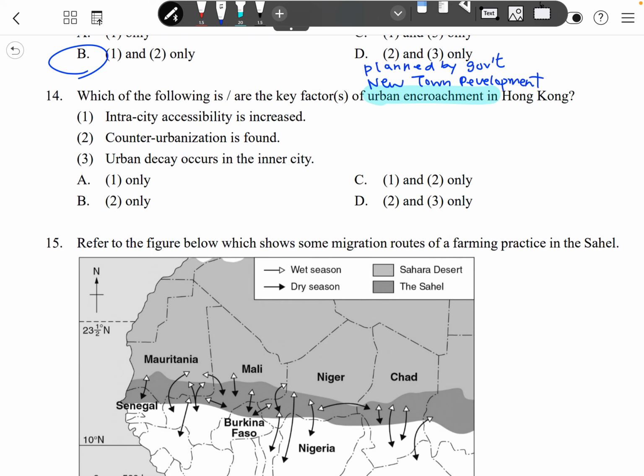Why? Because the urban area is densely populated, so the Hong Kong government wants to decentralize the people from the urban to the suburban areas, that is Sha Tin, Tai Po. So the people are moving from urban to the suburbs.